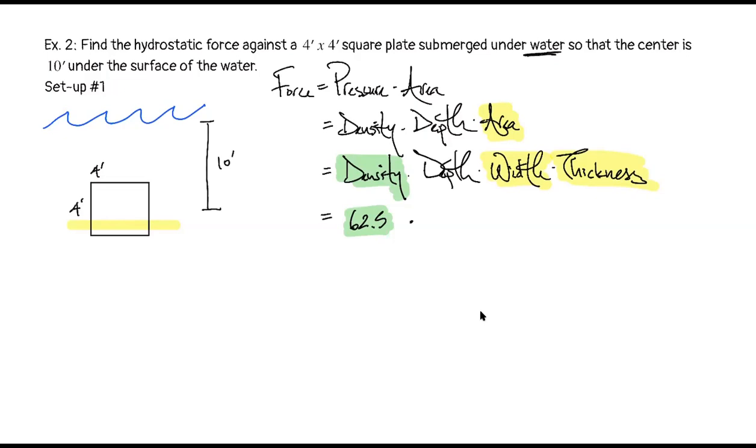So if I think about my axes, I took my axes to be here at the top of the square, and then halfway down, all right? So I sort of considered this my X and this my Y.